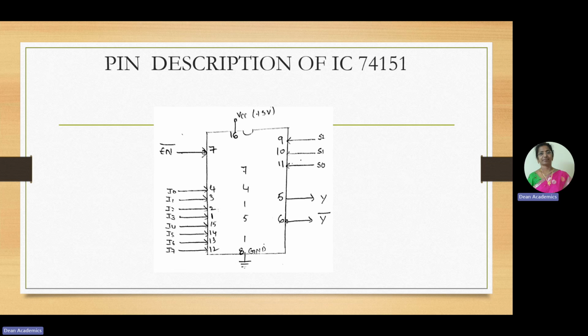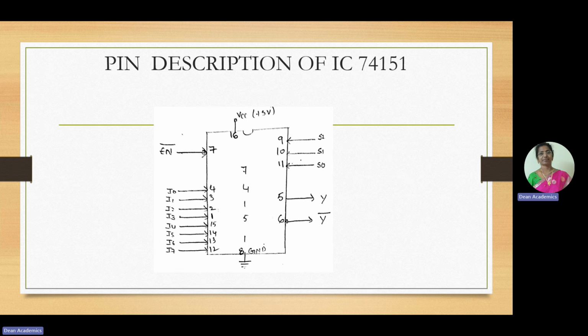And inputs are from I0 to I7, but in the pin diagram, if you observe, pins 1, 2, 3, 4 are I3, I2, I1, I0, and pins 12, 13, 14, 15 are I7, I6, I5, I4. So from I0 to I7, these are the various pins. Then enable pin is pin number 7.